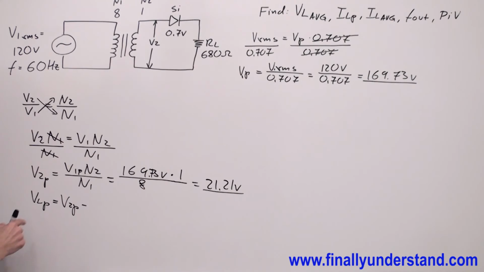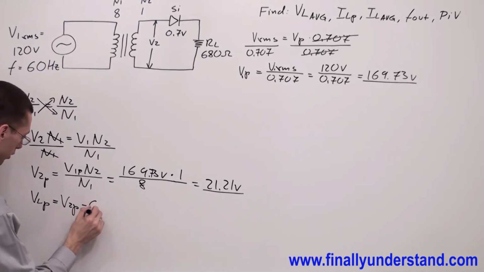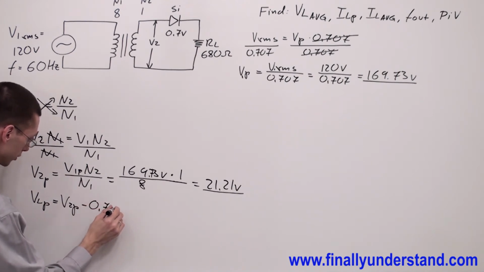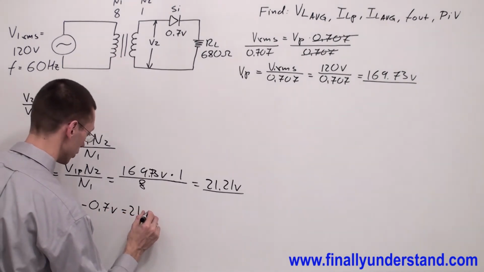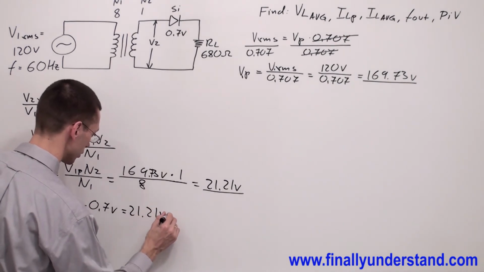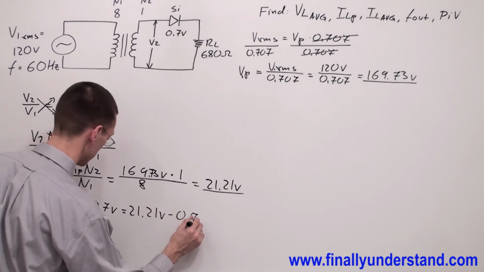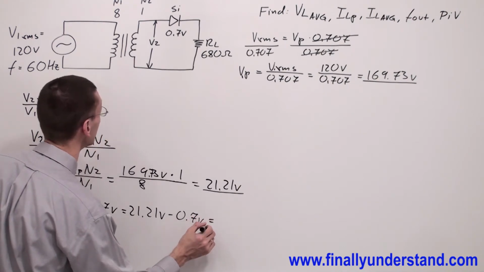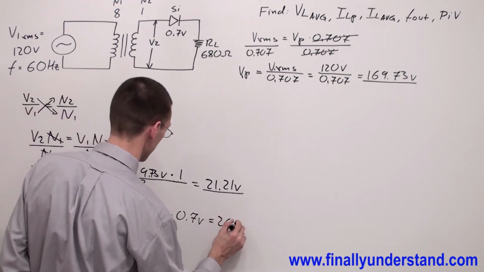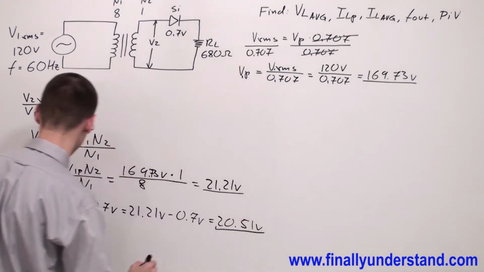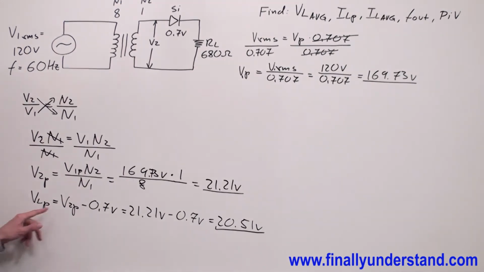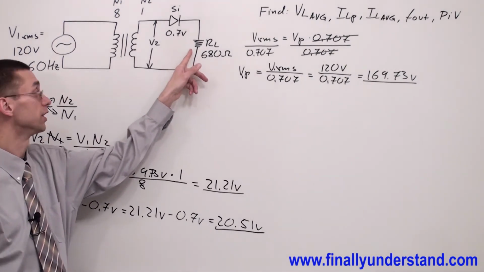That's why, in order to find VL peak, I have to subtract 0.7 volts from V secondary peak. This is nothing else, just the voltage across the diode. This is going to be equal to 21.21 volts minus 0.7 volts, which is equal to 20.51 volts. This is my voltage across the load. This is VL peak.